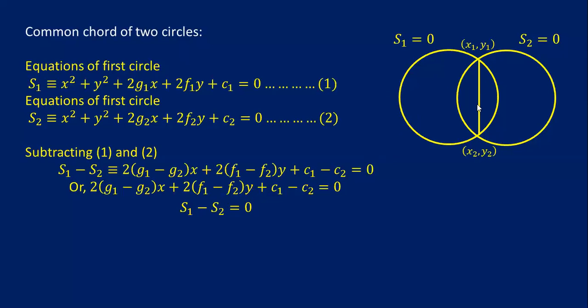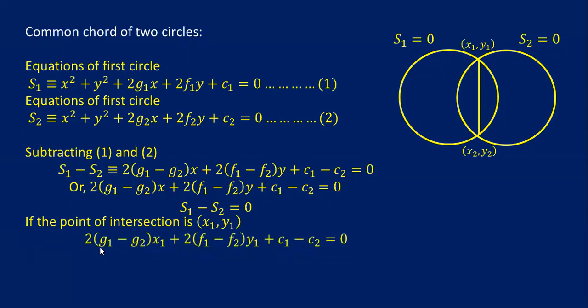This straight line passes through the points of intersection. If the point of intersection is (x1, y1), then it satisfies this equation: 2(g1 minus g2)x1 plus 2(f1 minus f2)y1 plus (c1 minus c2) equals 0.